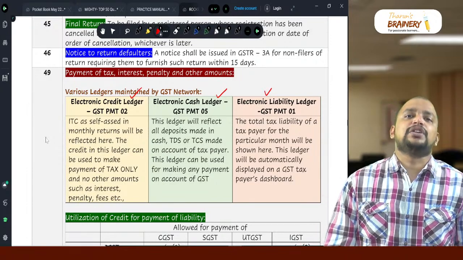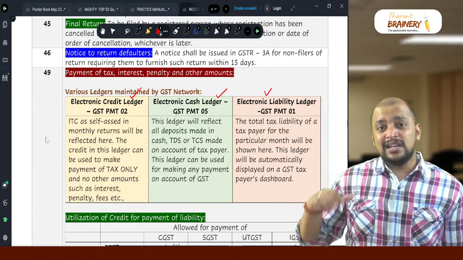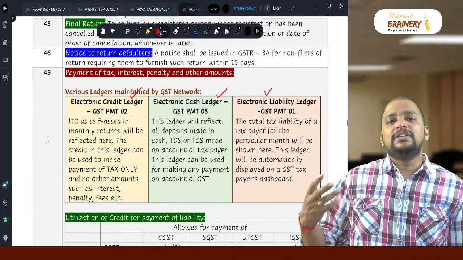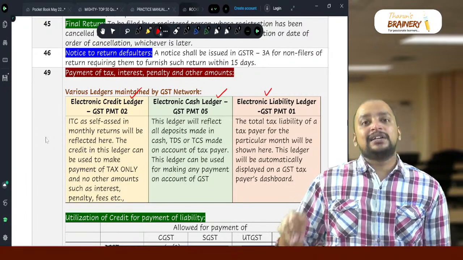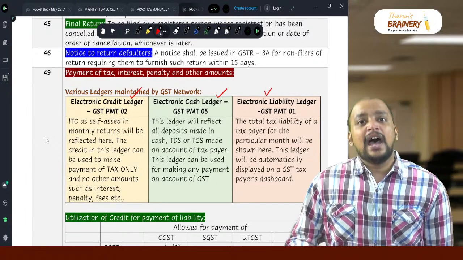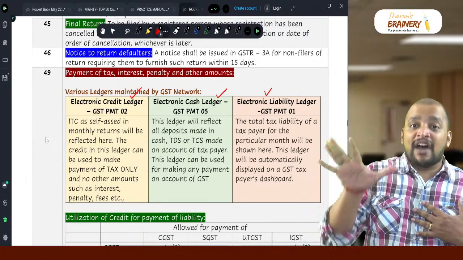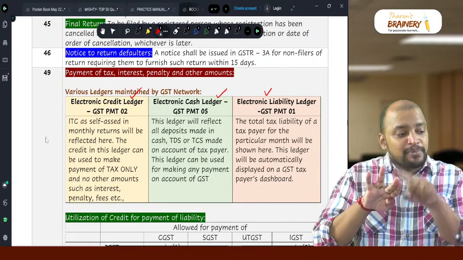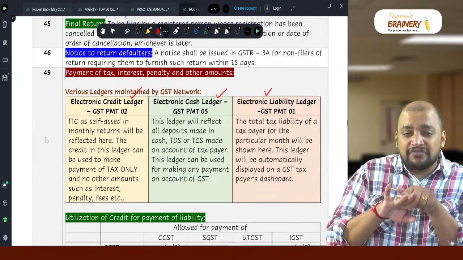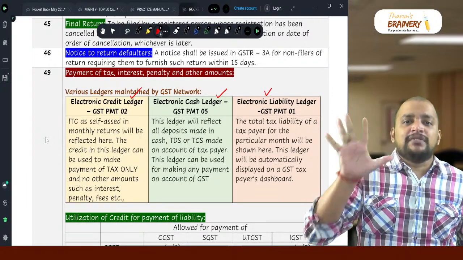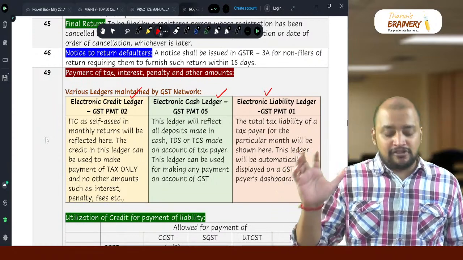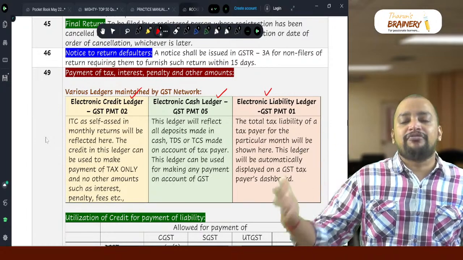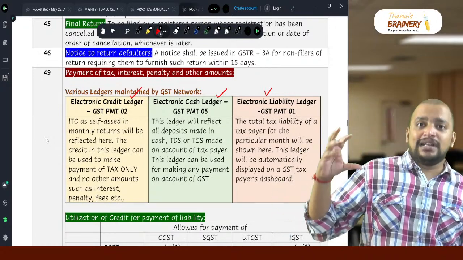Whatever liability you need to pay, the amount of GST payable, will be there in the electronic liability ledger, that is form GST PMT-1. That liability is divided into 5: TIPFO. T for tax dues, I for interest, P for penalty, F for fee, late fee, and O for others. So TIPFO: tax, interest, penalty, fee, and others. These are the 5 liabilities that will be there.